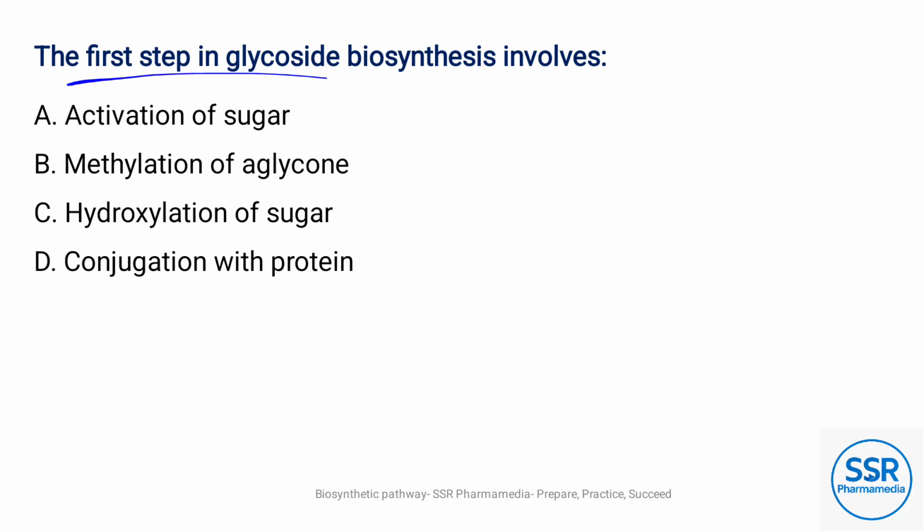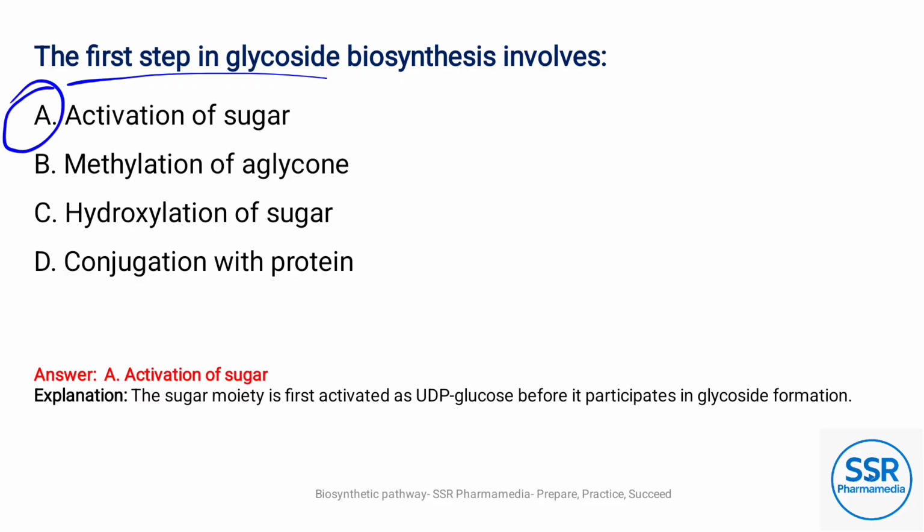The first step in glycoside biosynthesis involves? Option A, activation of sugar. The first step means activation of sugar, that is, formation of the sugar part, the glycan part. The sugar moiety is first activated by uridine diphosphate glucose before it participates in glycosidic bond formation.